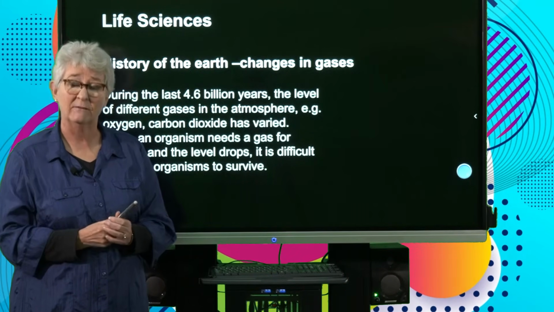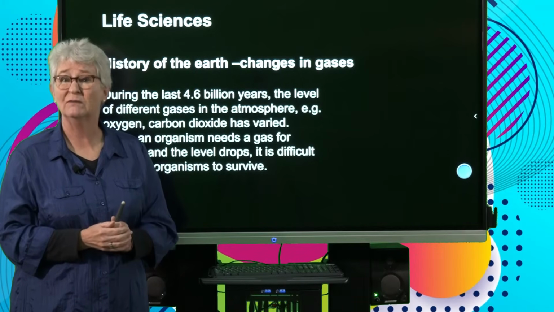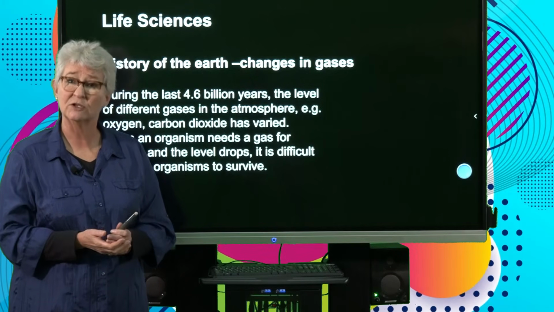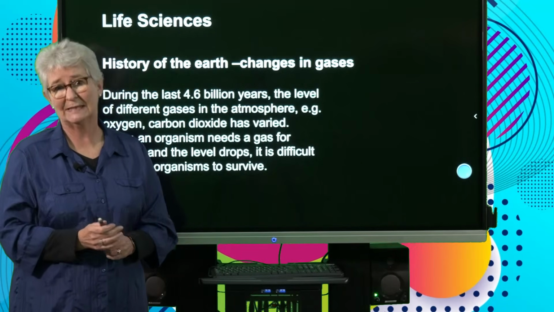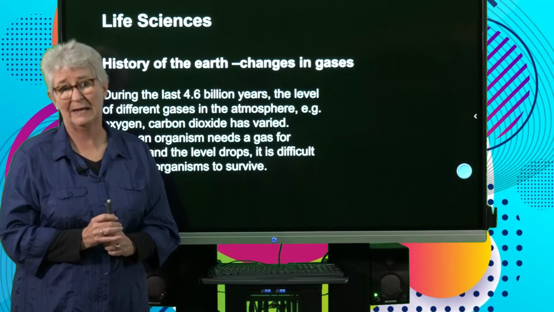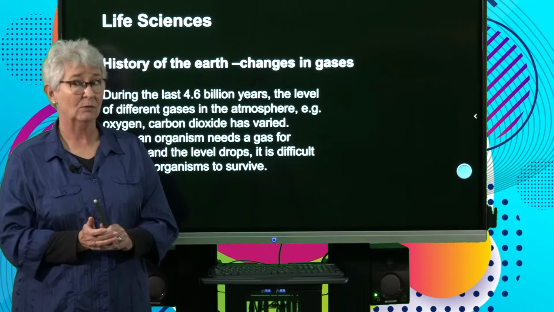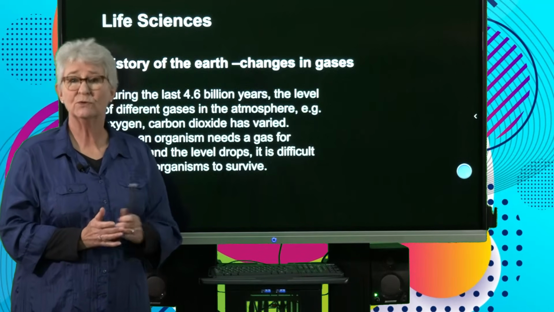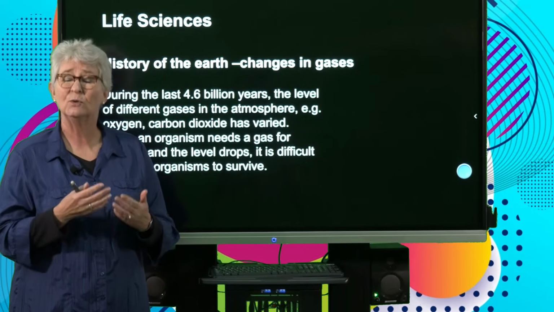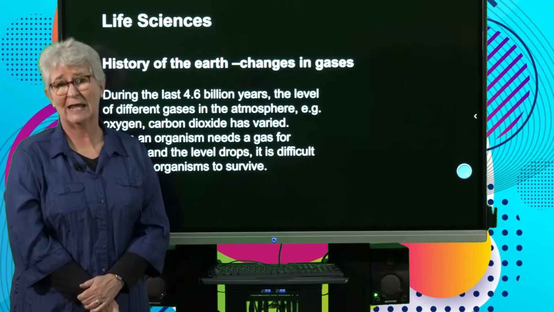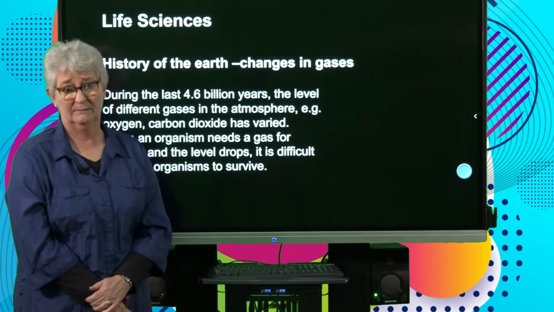It didn't survive. So as the composition of gases like CO2 and oxygen in the atmosphere changed, organisms which needed those gases died out and became extinct, while other organisms developed ways to use those gases, and they then became more common because they knew how to live in the changed atmosphere of the Earth.